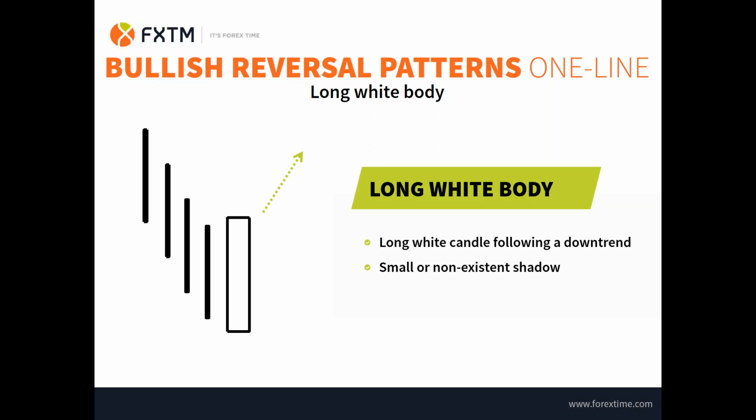The important thing to remember here is that it's a long wide body or real body. This is how we call this rectangle between the open and the close, body or real body. We use both terms interchangeably, and there is a small or a tiny shadow or no shadow at all. It's a bullish pattern, especially when found at the bottom of a decline, of a downtrend.